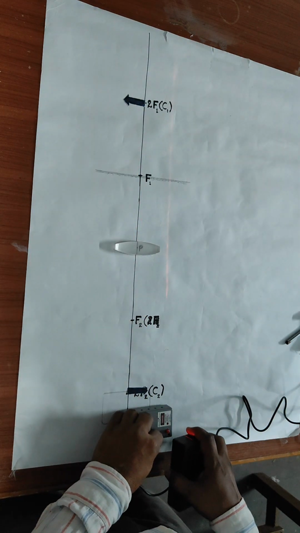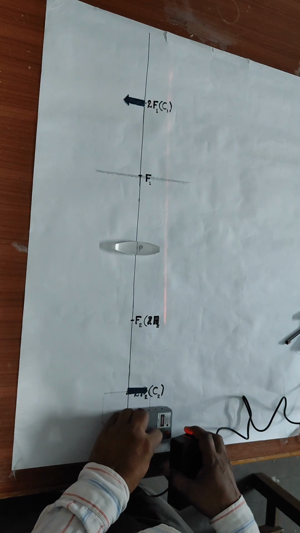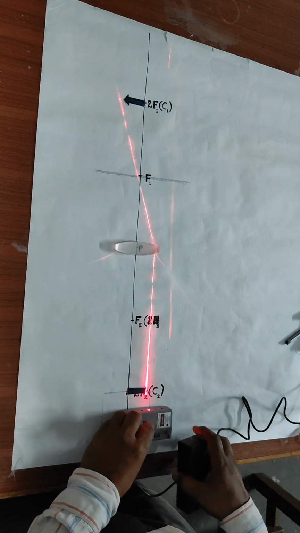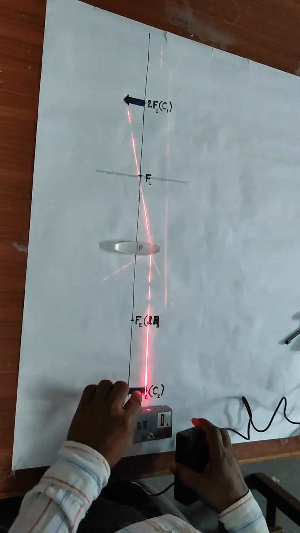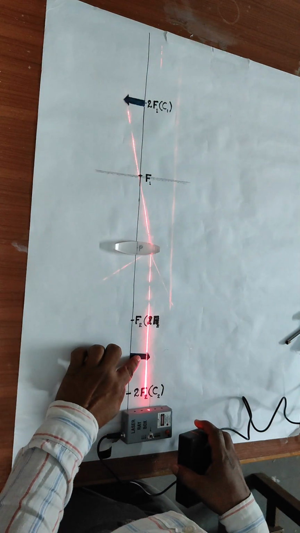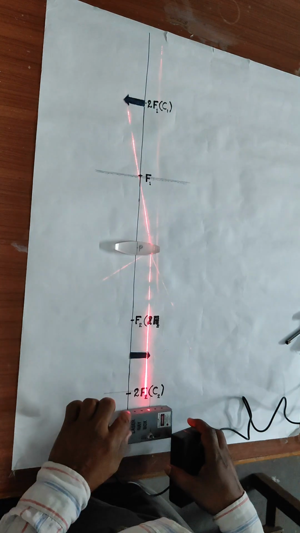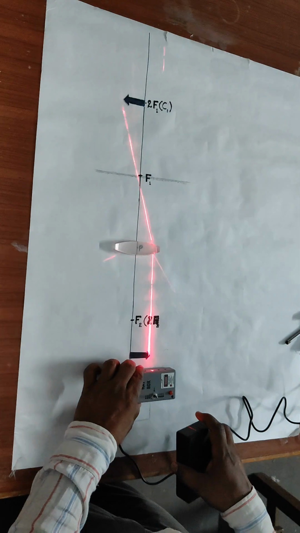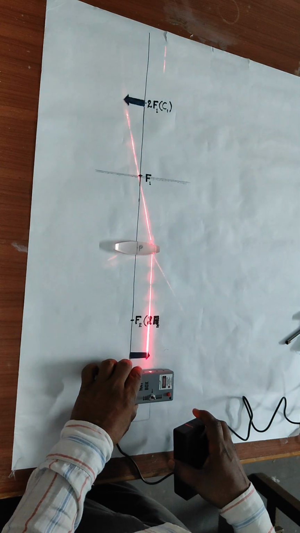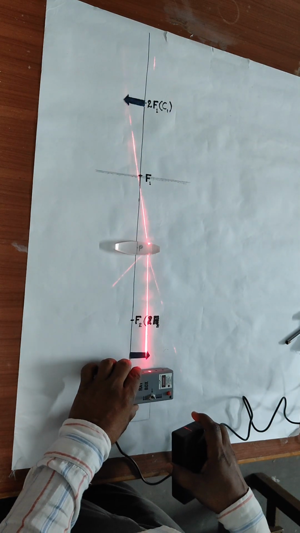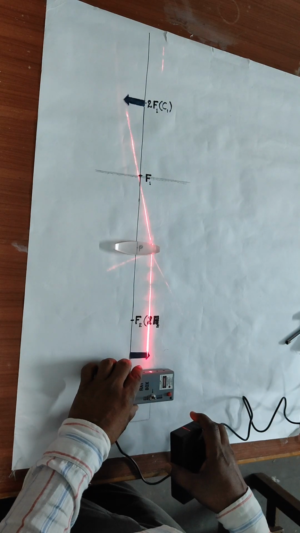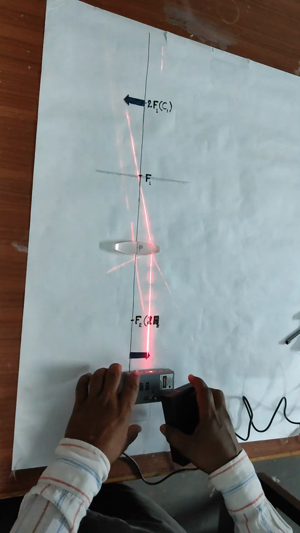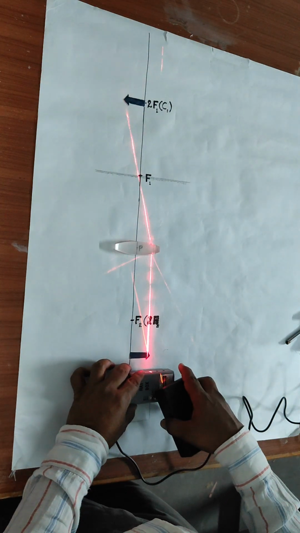Now let us place the object between F2 and C2. The parallel ray passes through the focal point, and the second ray, observe here.